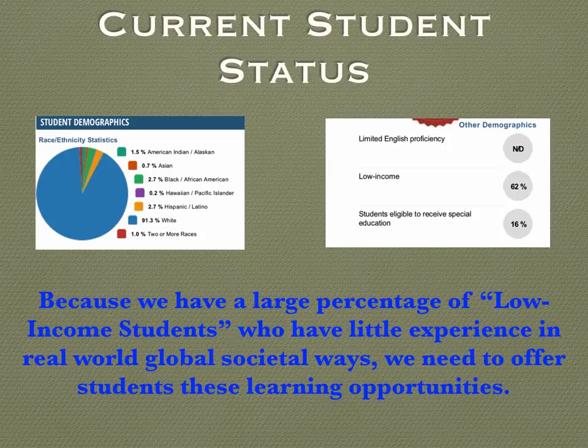So we don't have a great deal of English as a second language issues. However, our biggest disadvantage at our school is our low income students. Right now, we are at 62% of our student body being low income disadvantaged students.